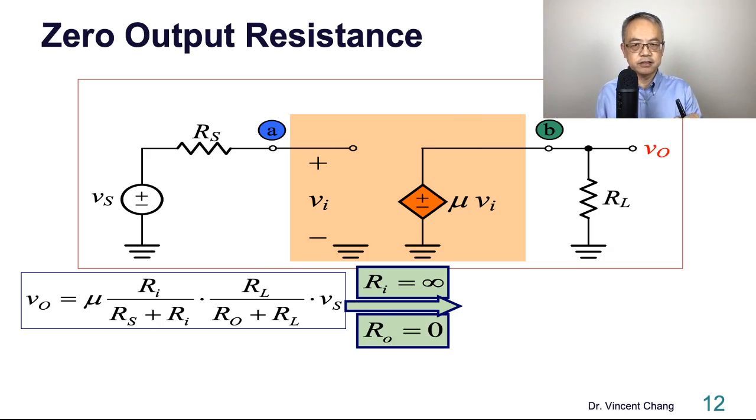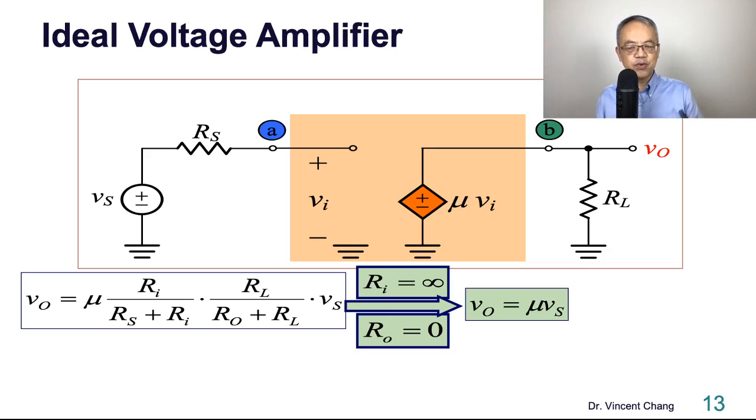Then what happens? The two dividing factors equal 1, right? So VO equals Mi Vs.